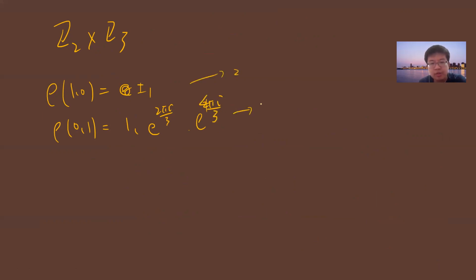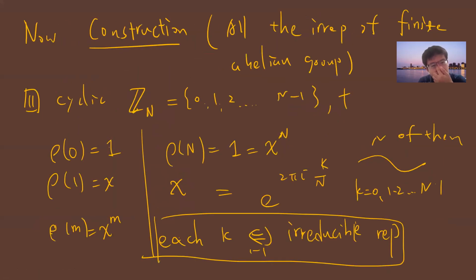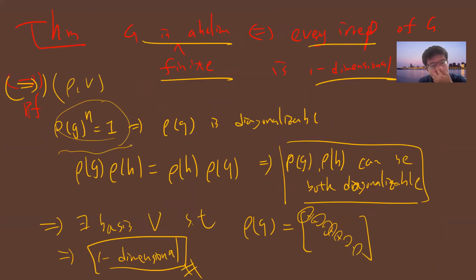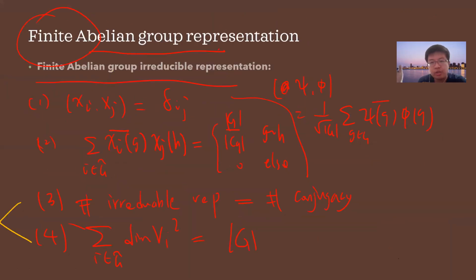So there are 2 of them, 3 of them, so in total you have 6 choices. Okay, so this is just all the 6 irreducible representations of Z2 times Z3. Okay, so actually this solves all the problems, basically giving the complete description of finite abelian group representations.